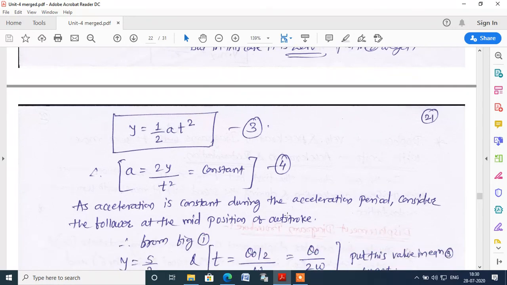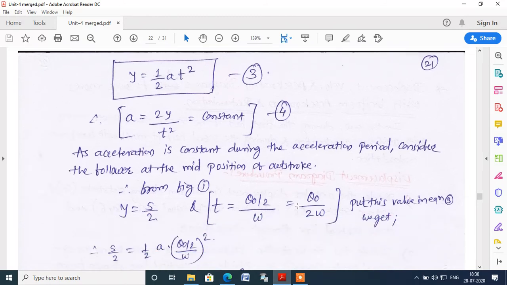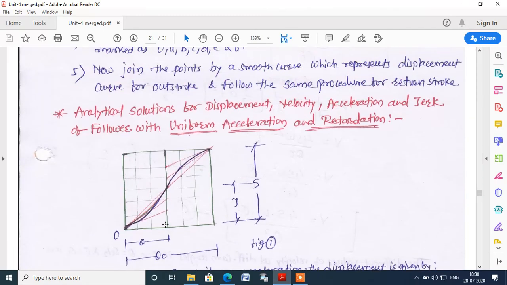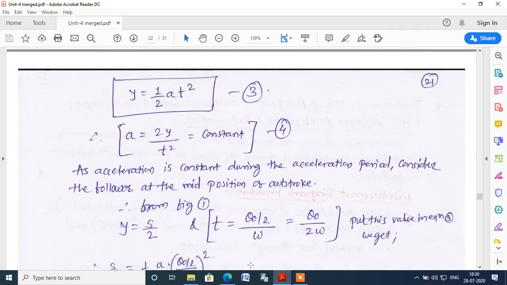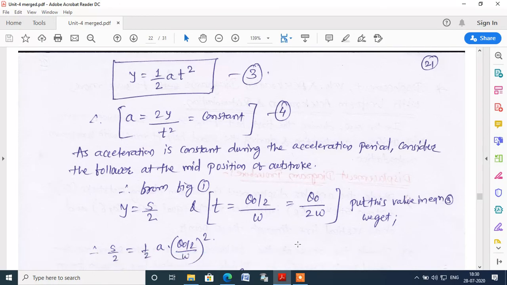As acceleration is constant during the acceleration period, consider the follower at the midpoint position of the outstroke. From the figure, the midpoint position is at this position, so y is equal to s by 2. So t is equal to theta 0 by 2 upon omega, that is theta 0 upon twice omega.